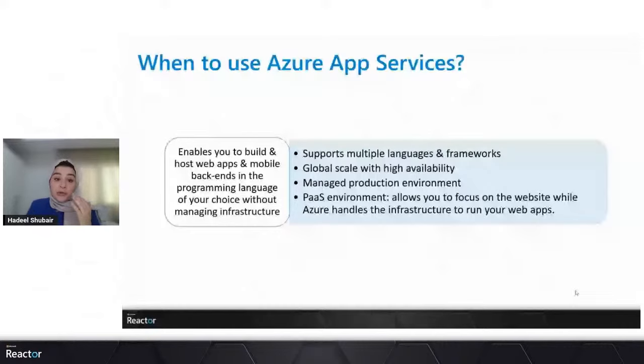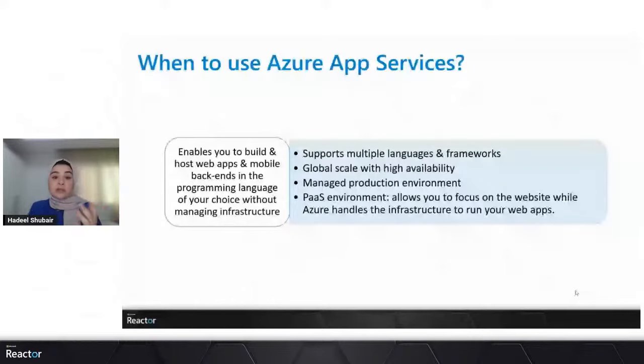And it falls underneath the platform as a service category, which means it allows you to focus more on the application, while Azure handles everything from infrastructure to help you run those web applications. So this is when you can actually use App Services.